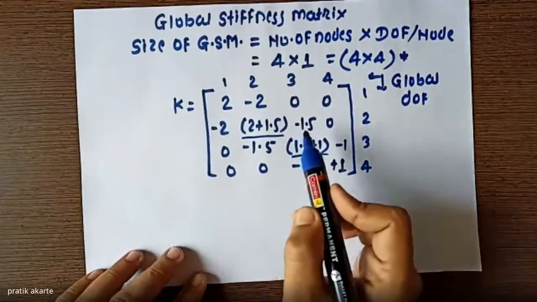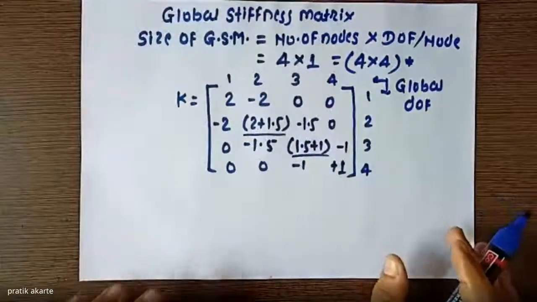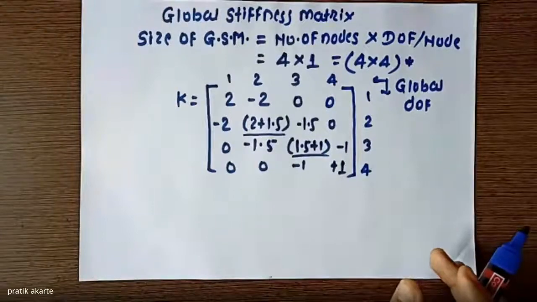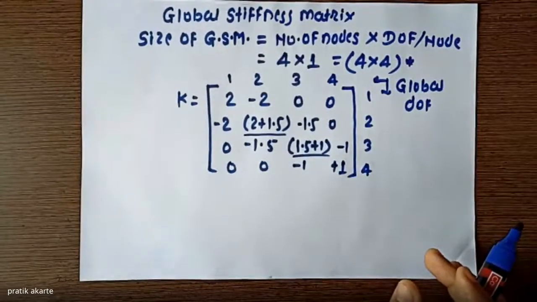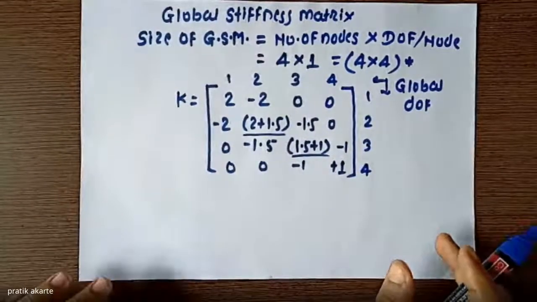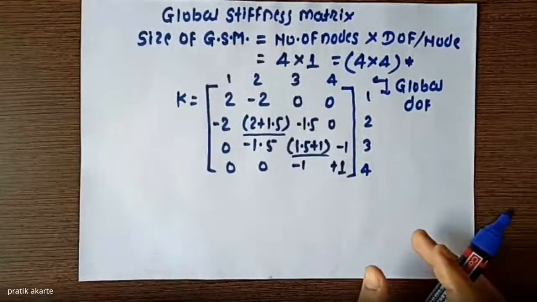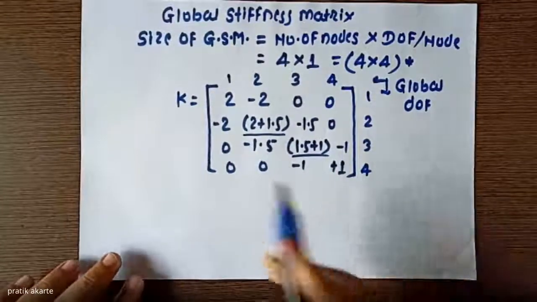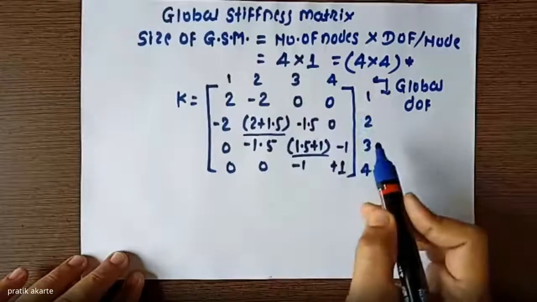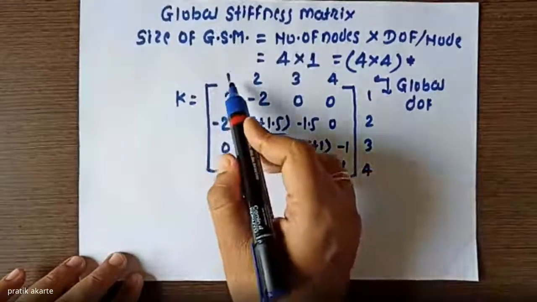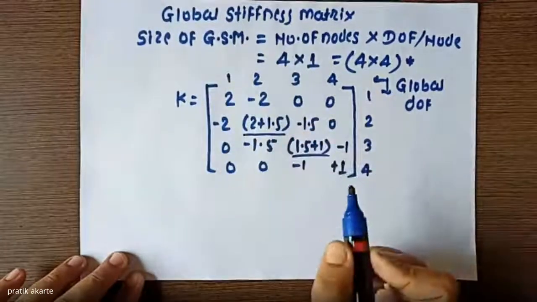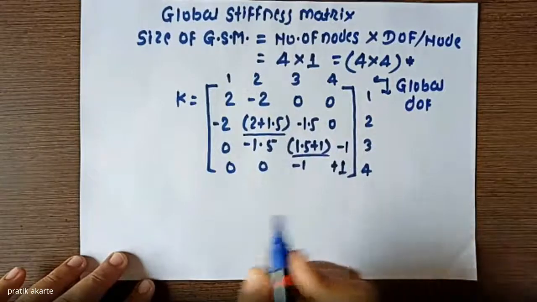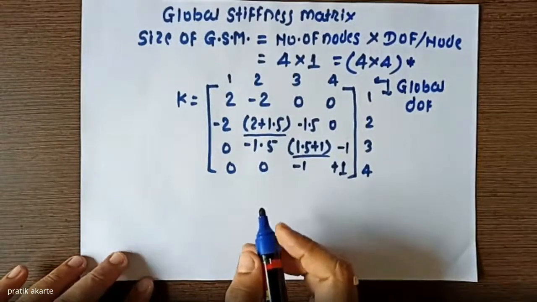While writing your global stiffness matrix, you should be very careful. I suggest you once again cross check whatever you are writing in terms of your rows and columns. Okay, so this is the global stiffness matrix.